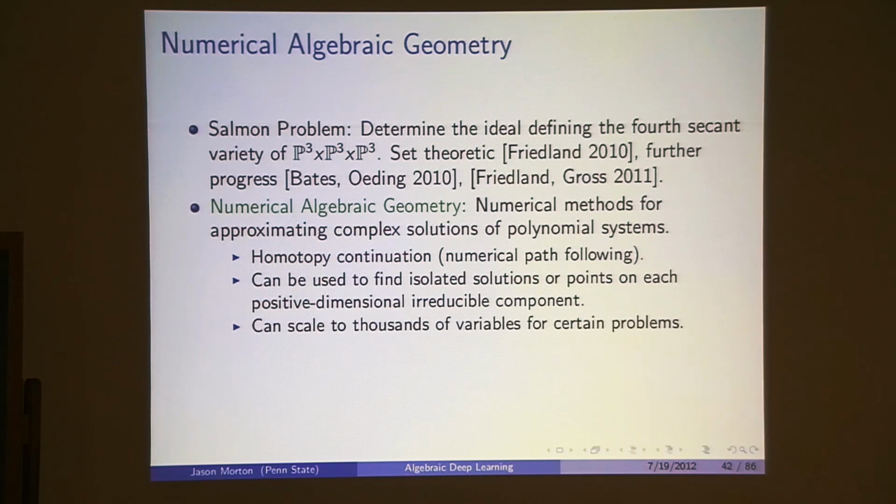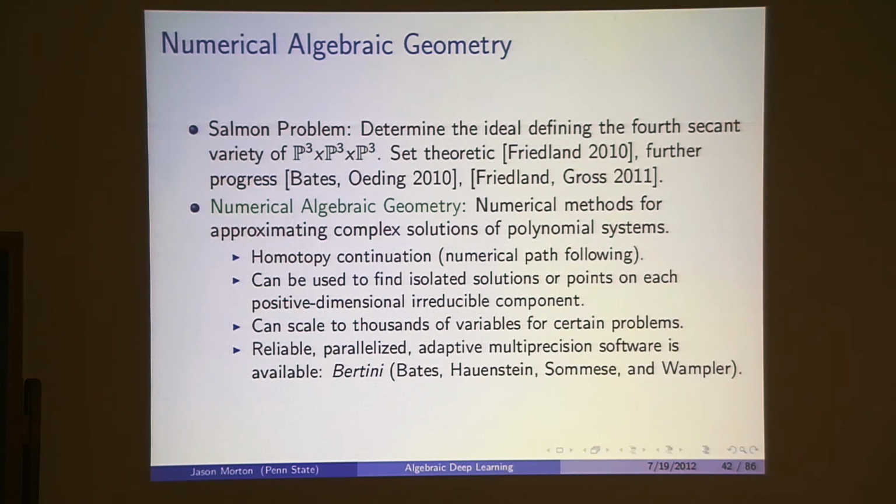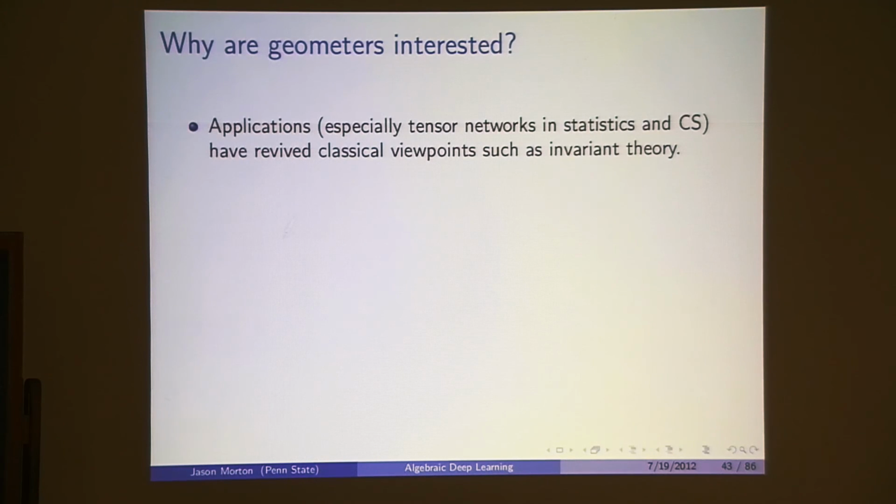We can find points and scale to thousands of variables for certain problems. Usually the other stuff runs out around 10 or 16 or 30 variables, maybe, as far as you can go. So you can only do small examples. This can get bigger. So there's some software to do that.